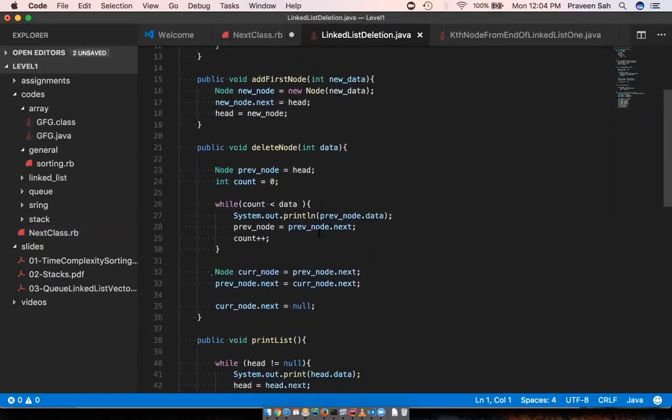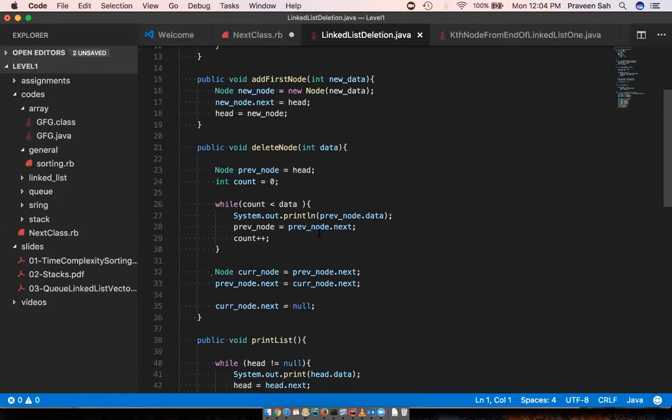So I'm trying to delete a node. Any node. So I'm specifying the data. Say I'm creating the linked list with values 1, 2, 3, 4, 5, and I'm inserting at the head. So the head is currently pointing at the last number that I've inserted. Okay.